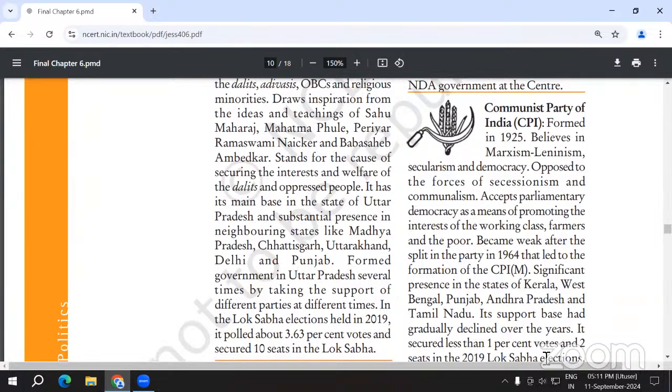And this particular party ruled in West Bengal for about 35 years. So that is why its support base is still there in West Bengal. Tripura also it was having the government, and then Andhra Pradesh and all it is having. So because of all this, it is considered as a national party.